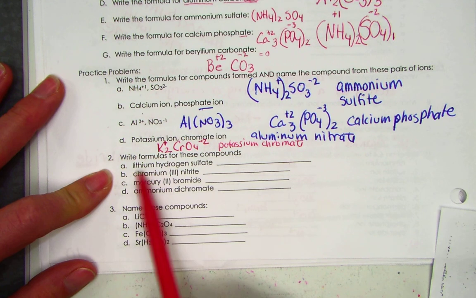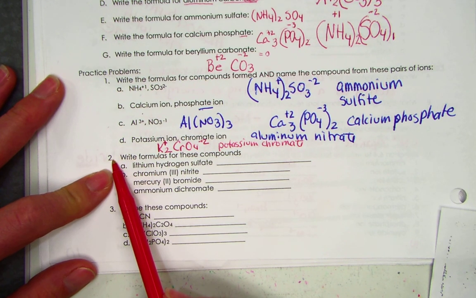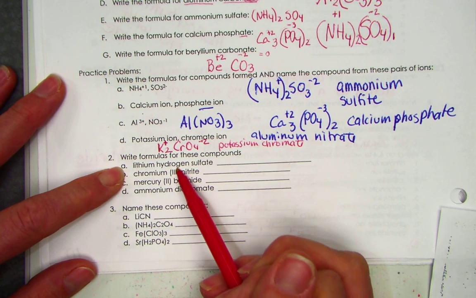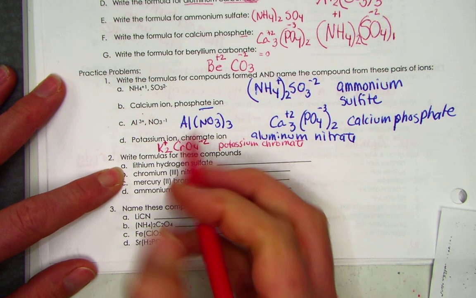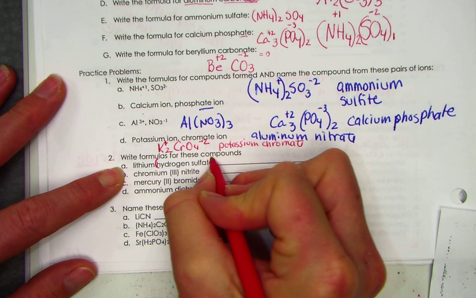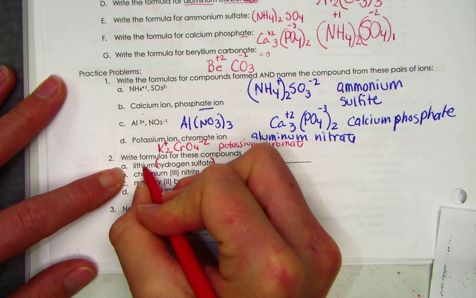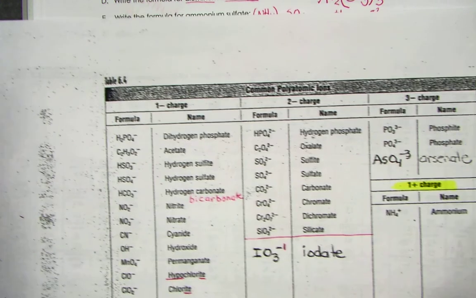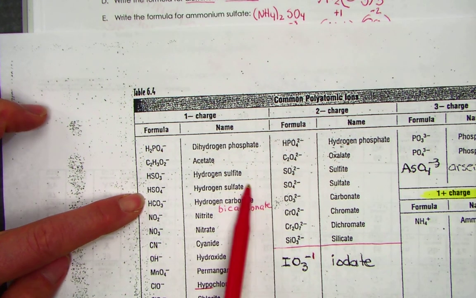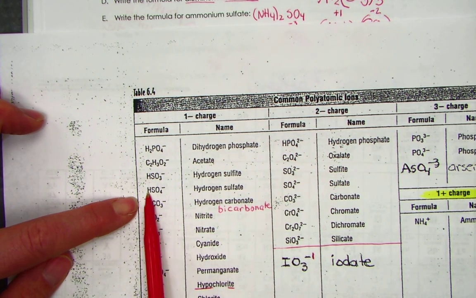Let's check our formulas in your second practice problem. Lithium hydrogen sulfate. Even though I see 3 separate names, it's still 2 ions. Lithium will be our positive, and hydrogen sulfate will be our negative. Here's the polyatomic ion, hydrogen sulfate.